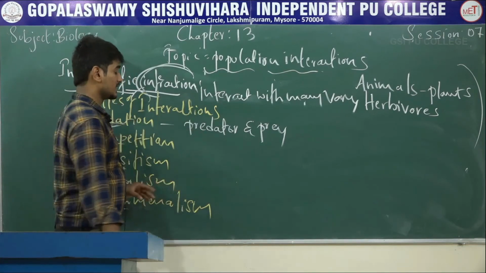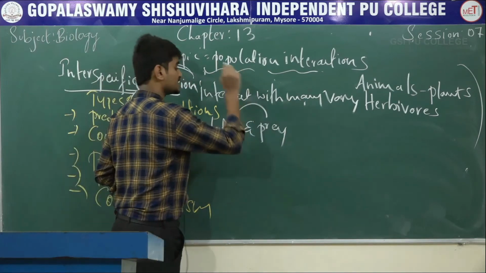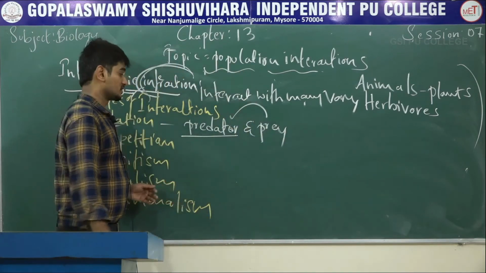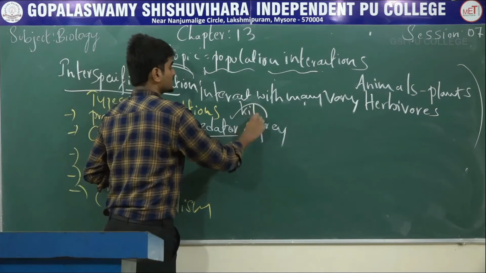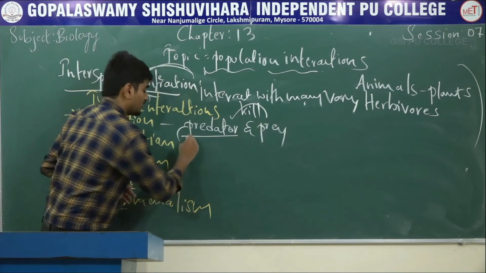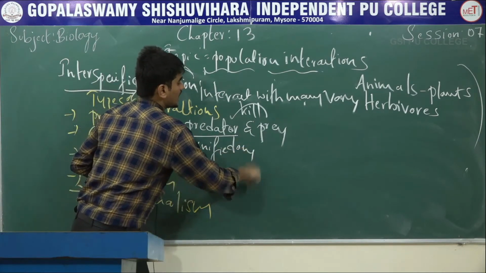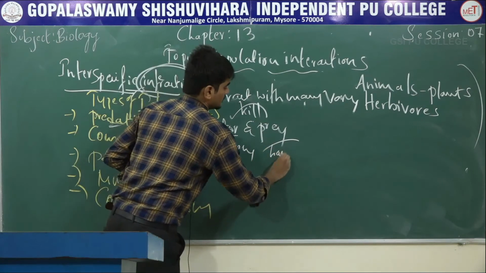Here the predators kill or hunt the prey species. So the predator is the benefited one and the harmed one is the prey.